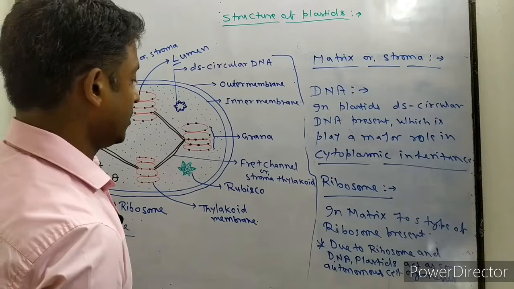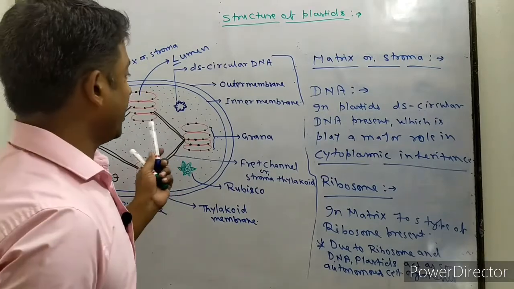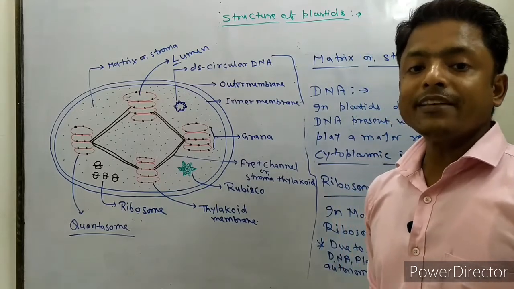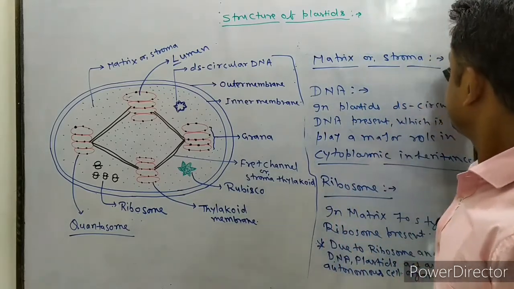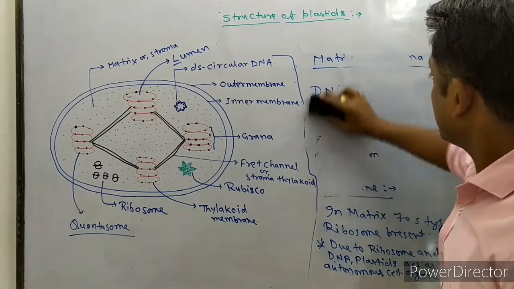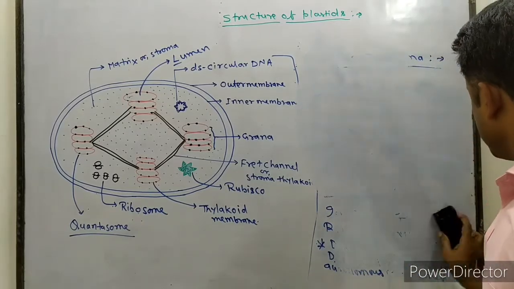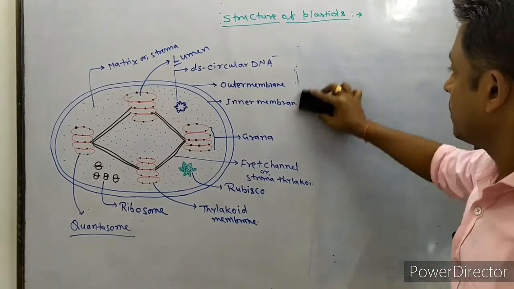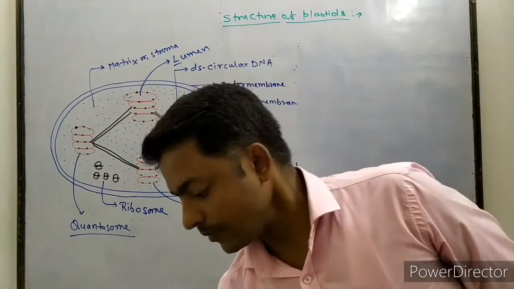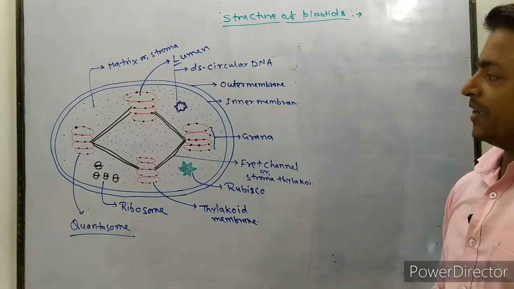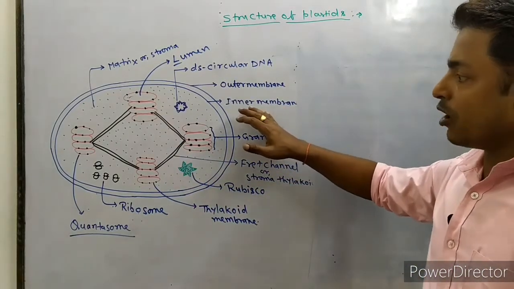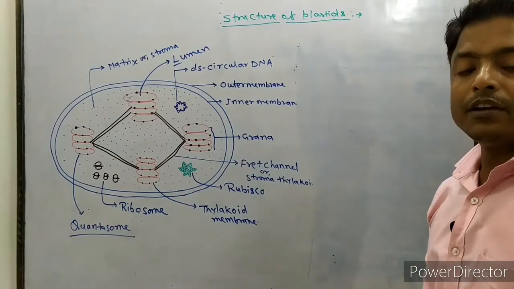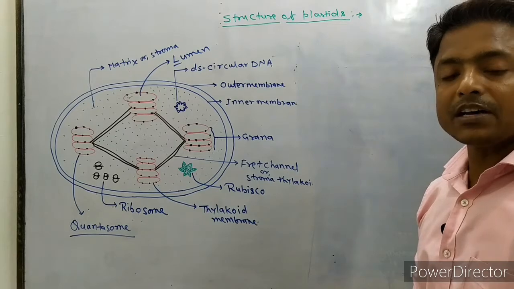And DNA and ribosome also help in protein synthesis. In this segment, we have discussed some important structure of plastids, and now we will discuss the functions of plastids.